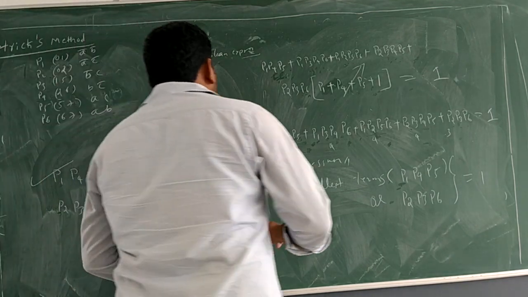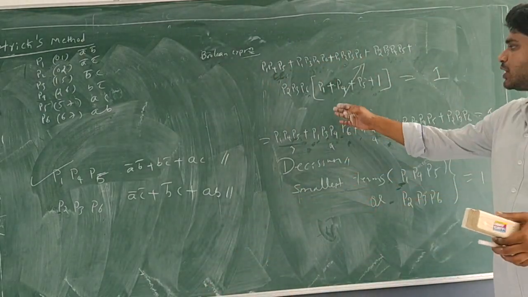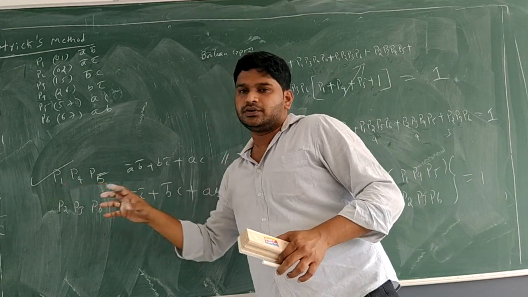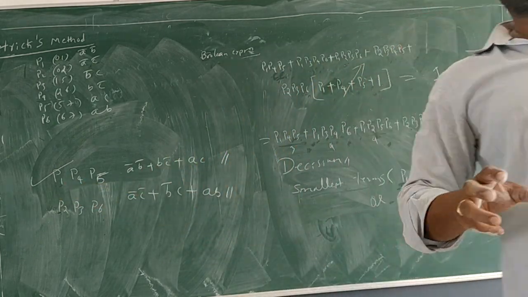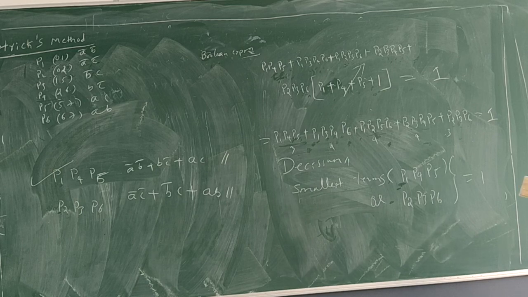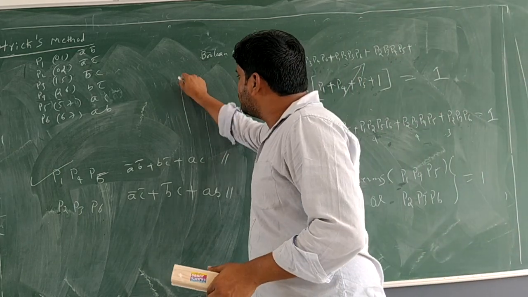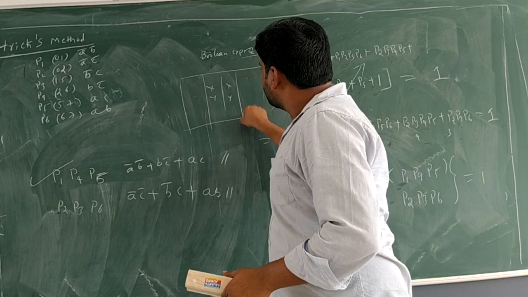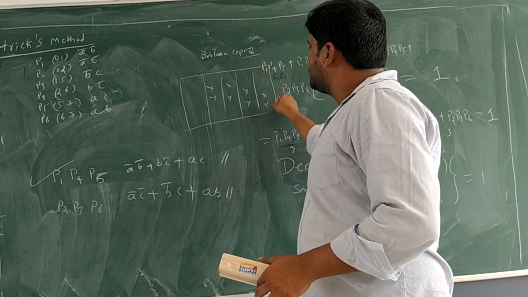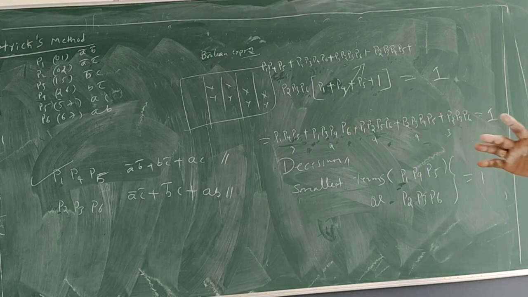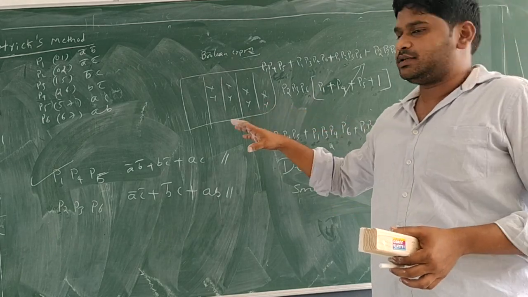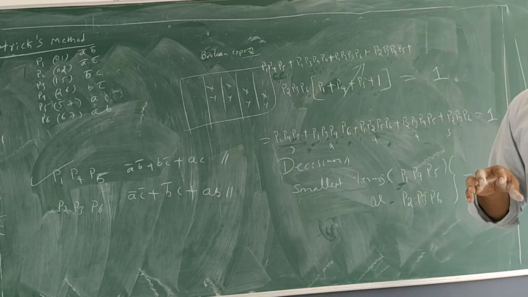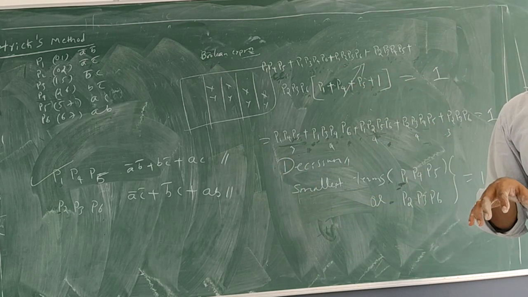By the Quine-McCluskey method, it was not possible to identify exactly which group or subgroup would be the solution. But using Petrick's method, even though a table has no single column consisting of a single X, in that situation also we can solve the problem and identify the solution. This is what Petrick's method is.